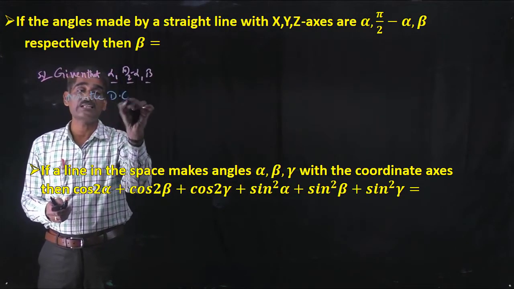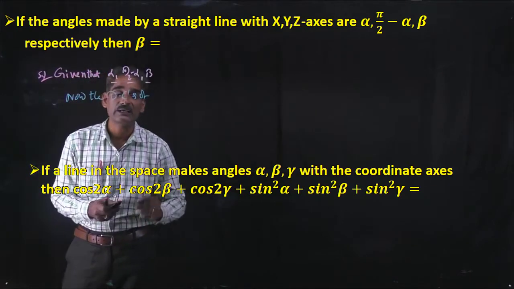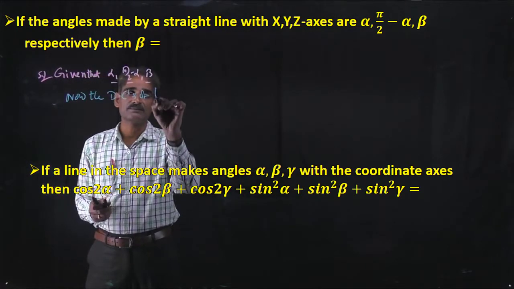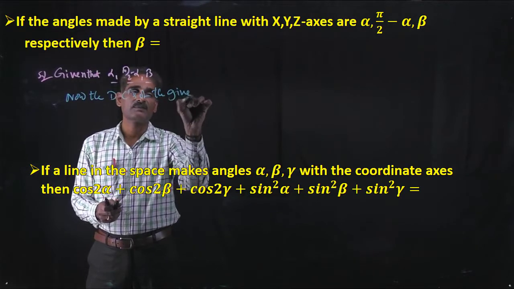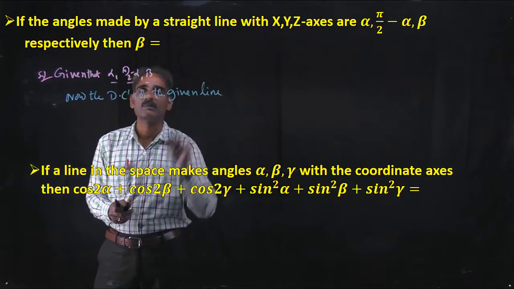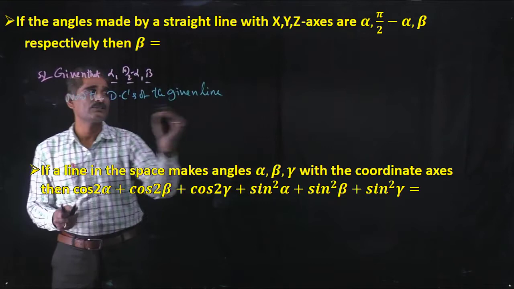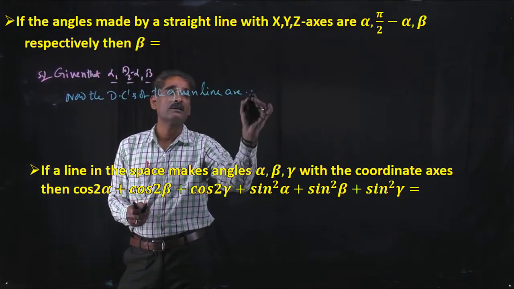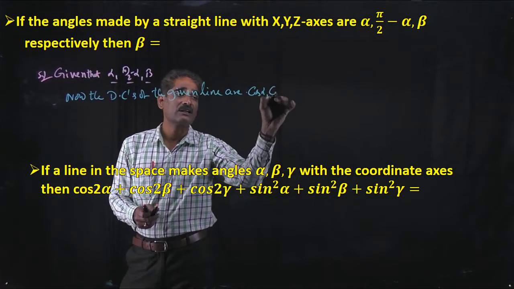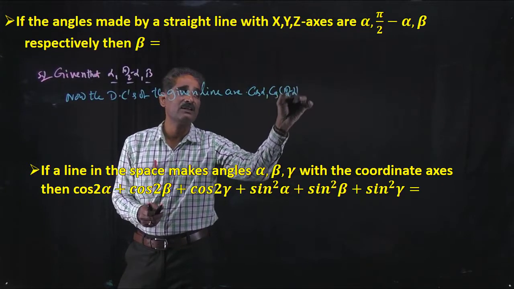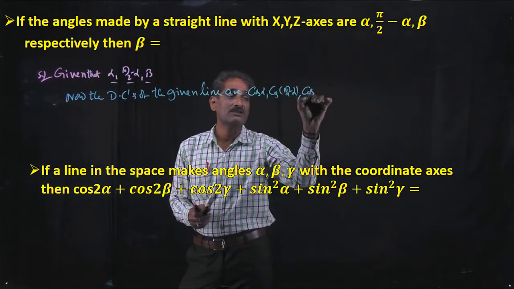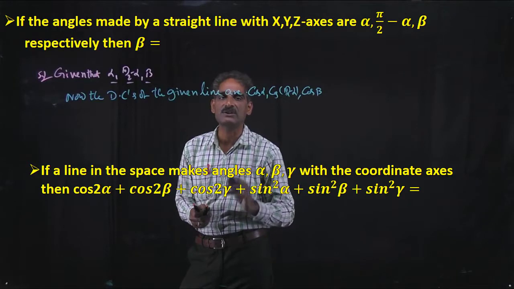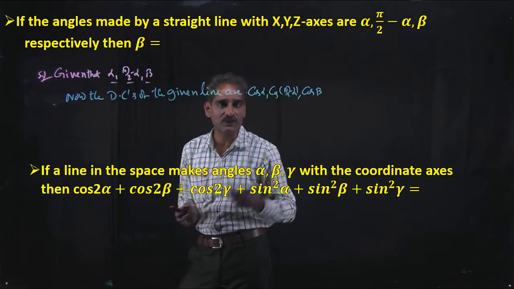The DCs of the given straight line are cos alpha, cos of 90 minus alpha, and cos beta. If these are the DCs, we know the sum of the squares is equal to 1.